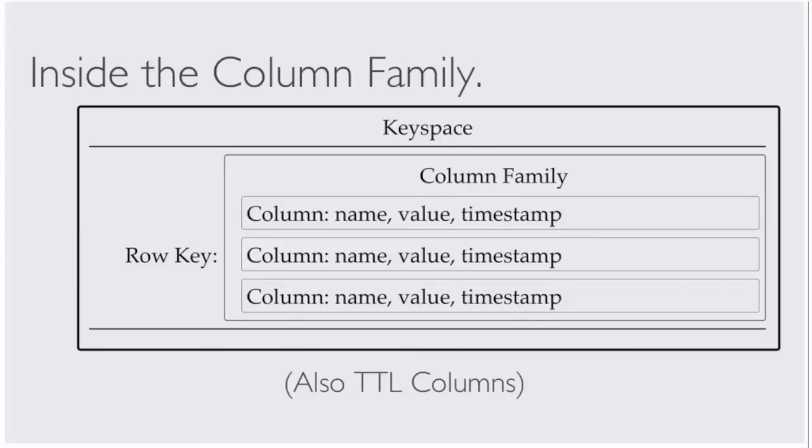If we look inside them at these columns, they have a name and a value and this timestamp that we've mentioned. The interesting thing is that the value is optional, but the name is not. So often you can get to a situation where the mere presence of a column in a column family has some information to it.